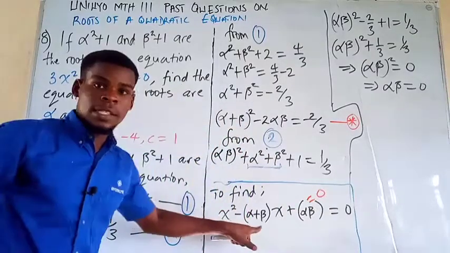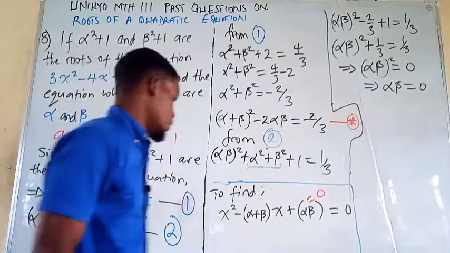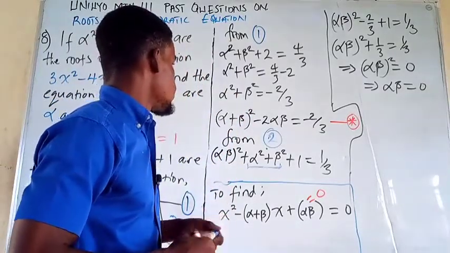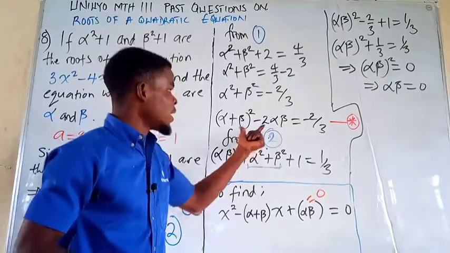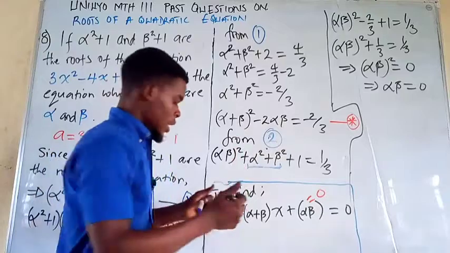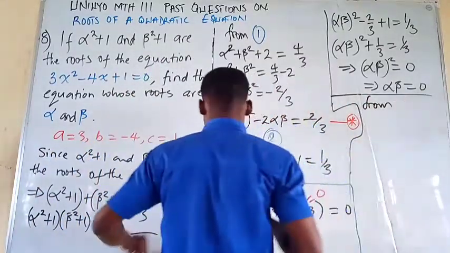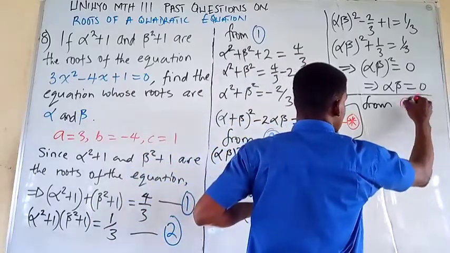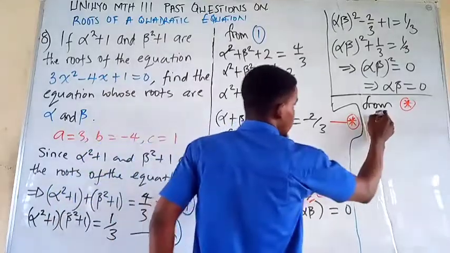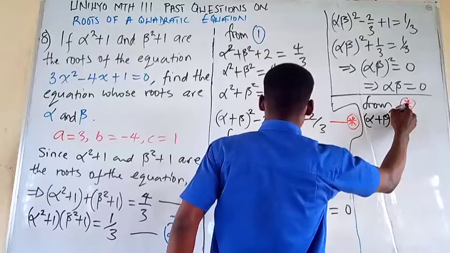So we just need to get their sum, right? This question is very, very interesting anyway. For the sum of the two roots, well, we can get that from this star, right? This one that I starred over here. We can get that from star. Let me just put it down from star. And I circled it. We see that alpha plus beta, all of them square.